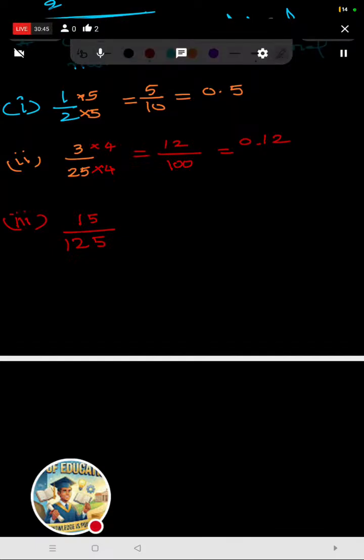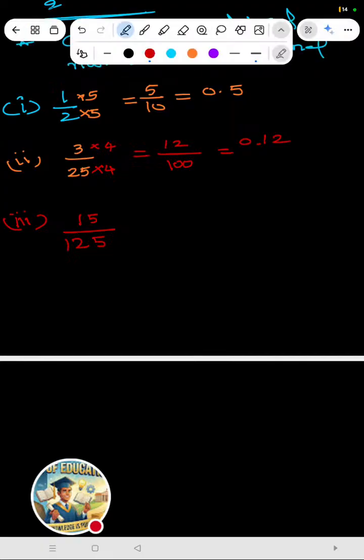To convert this to decimal form, we have to find the equivalent fraction, equivalent rational numbers. To find equivalent fractions, we have to make this denominator into either 10 or 100 or 1000 or 10,000, which is possible. So we have to look at that.